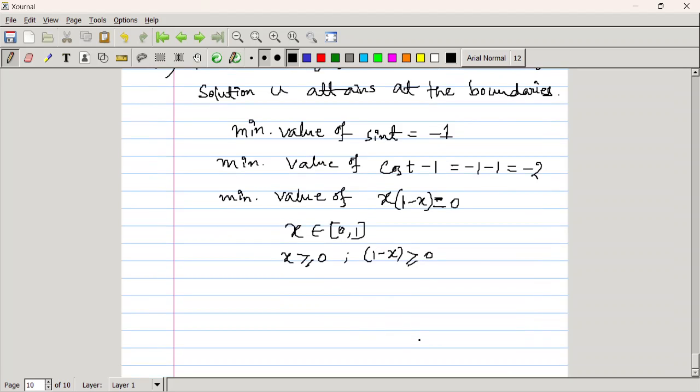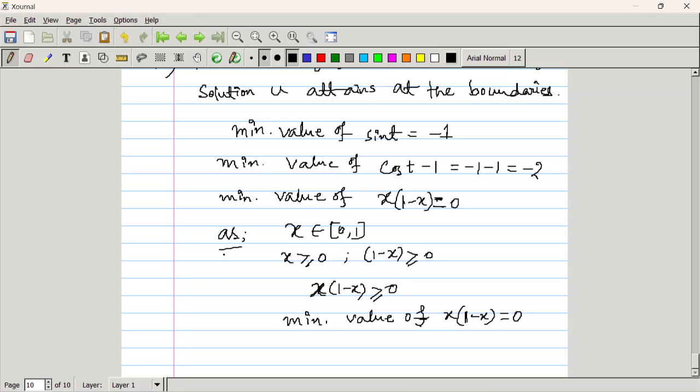So what is x into 1 minus x? It is always greater than or equal to 0, since x and 1 minus x are both greater than or equal to 0. So the product is greater than or equal to 0. So the minimum value of x into 1 minus x is equal to 0.